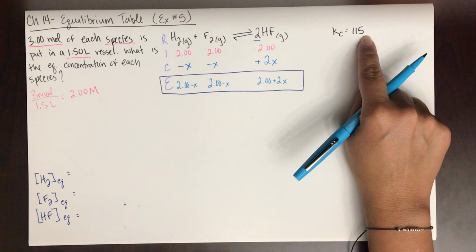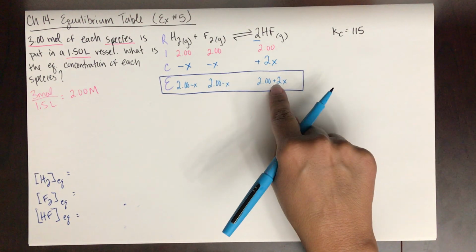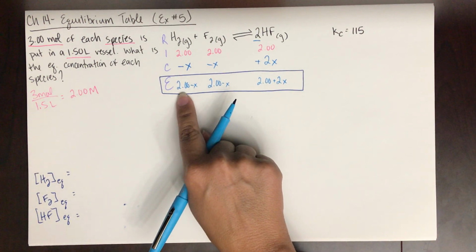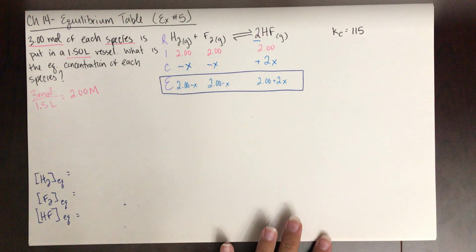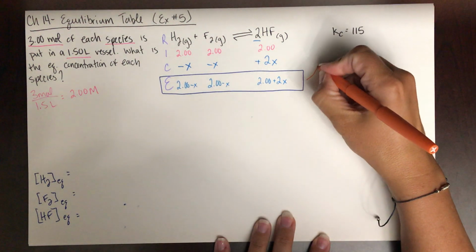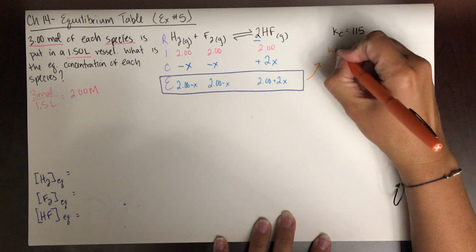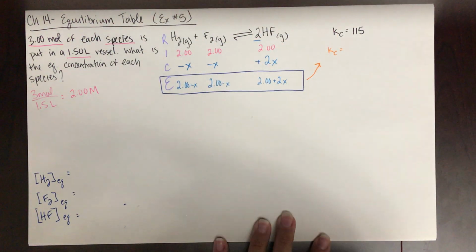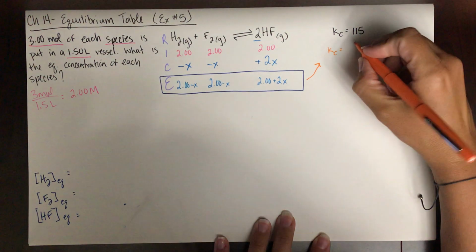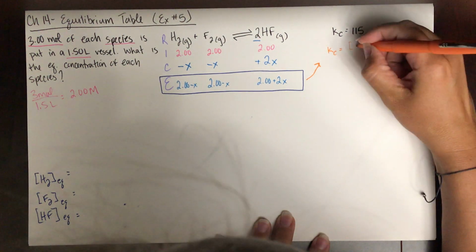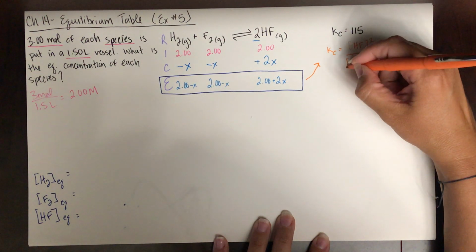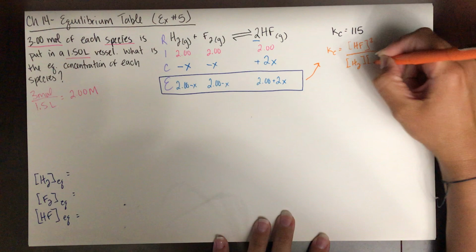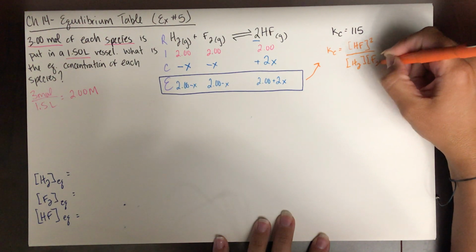Because remember, the Kc equals the concentration of the products over the concentration of the reactants at equilibrium. So let's rewrite this over here. Kc, I'm just going to write this out with the compounds and then we'll plug the values in, is going to be the concentration of the hydrogen fluoride squared over the concentration of the hydrogen gas times the concentration of the fluorine gas.